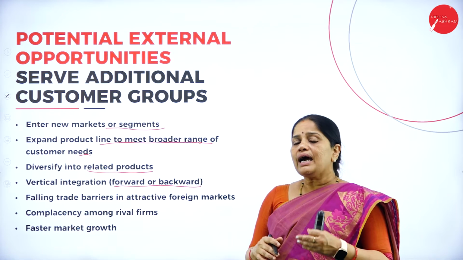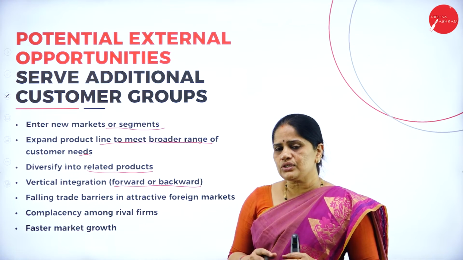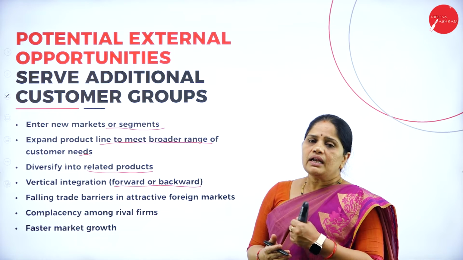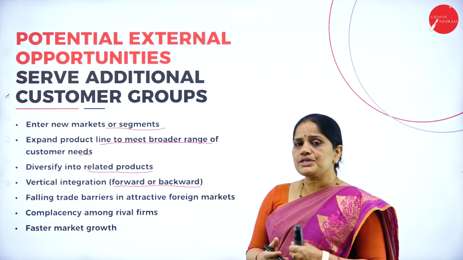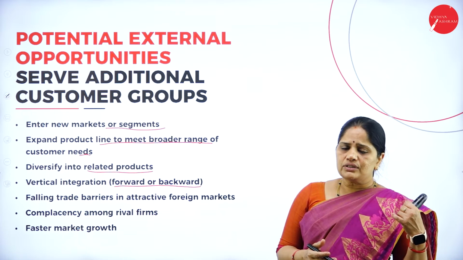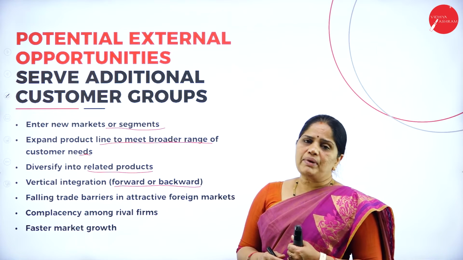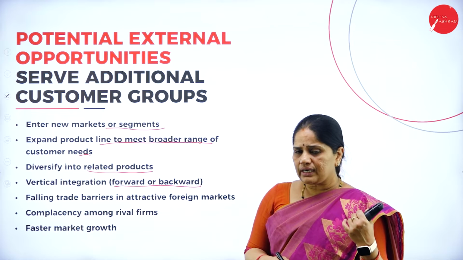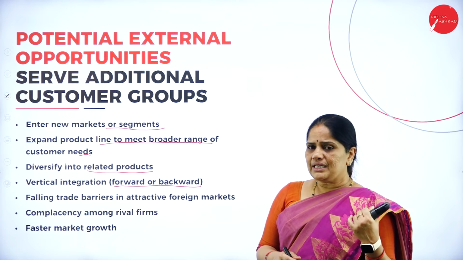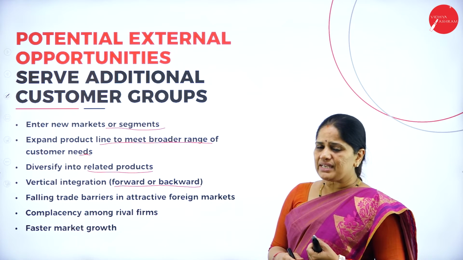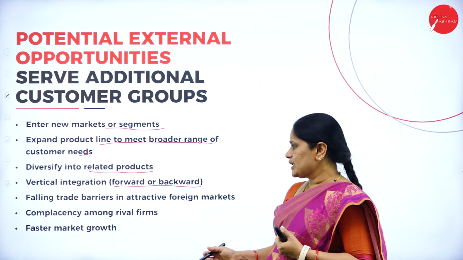That is, you are eliminating the retailers. So that becomes forward integration. Now if you want to go in for backward integration, you will be going directly to the suppliers. So you eliminate the suppliers and directly contact the source of raw material, and then you get your supplies. So that becomes backward integration.